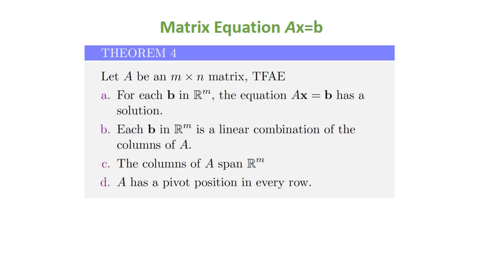So here, this leads us to the next theorem. It's basically saying that if A is an m by n matrix, this is a lazy mathematician way of saying the following are equivalent.